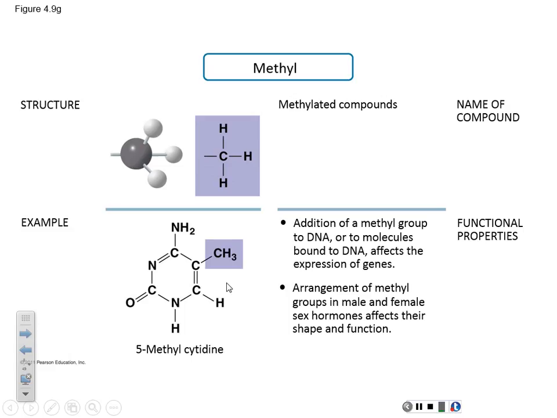Whereas several of the other functional groups that we've talked about improve a molecule's solubility in water, putting methyl groups on does pretty much the opposite. Okay? This is pretty chemically inert, doesn't want to have anything to do with other molecules that much. And if you tack on one of these methyl groups, you end up talking about having methylated the molecule that you put the methyl group onto.